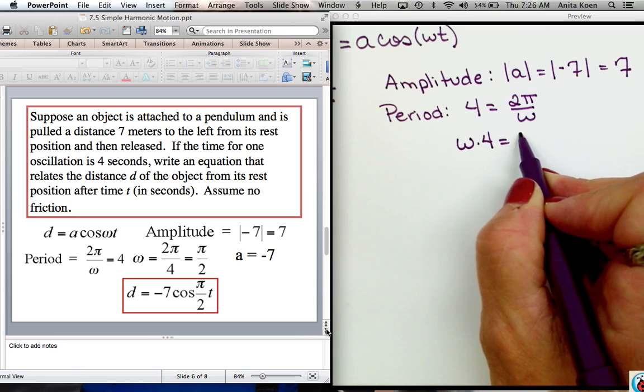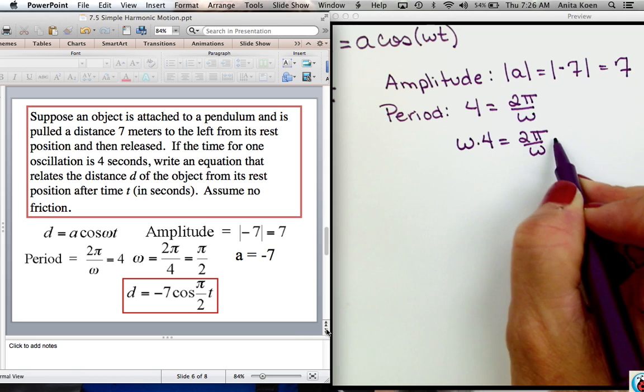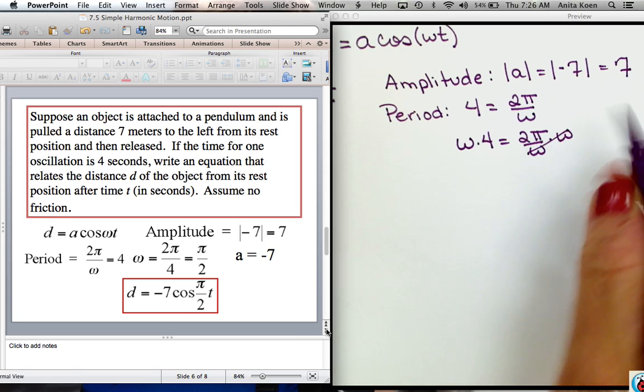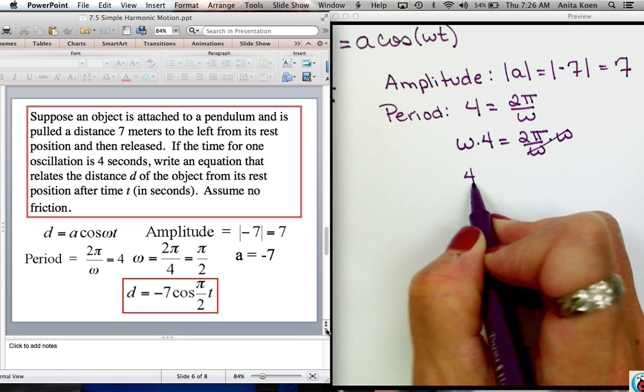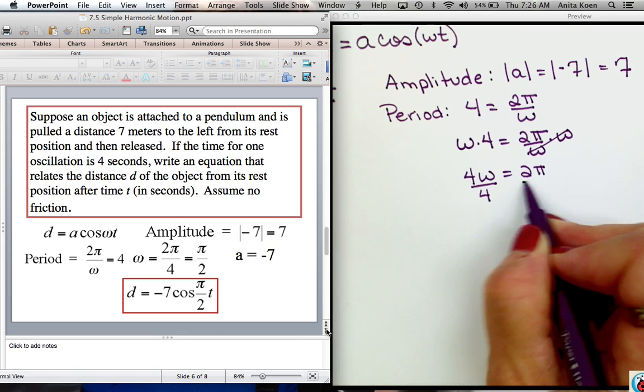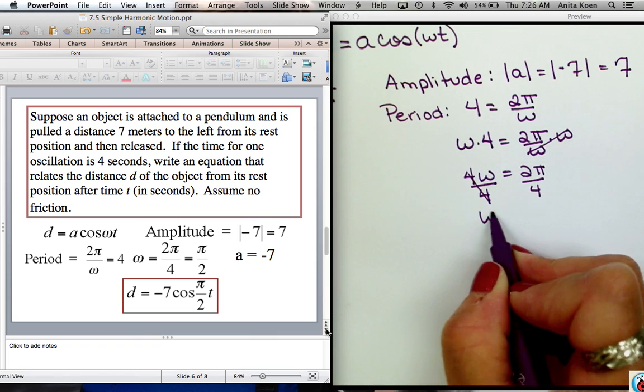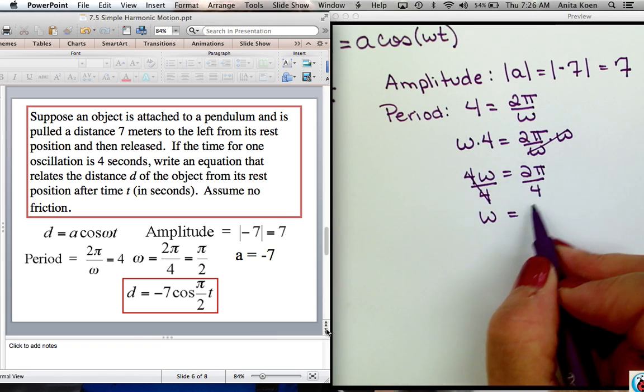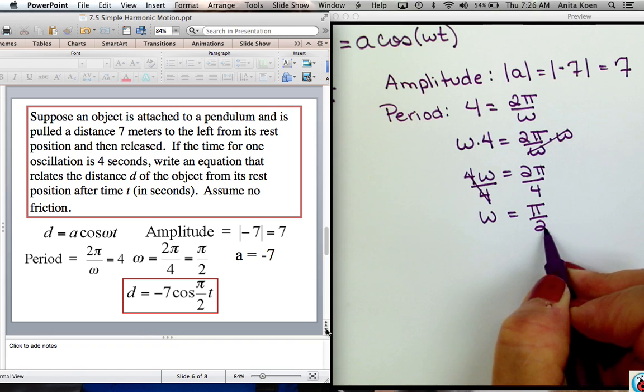So I'm going to multiply both sides of this equation by omega so that these omegas cancel, and I get 4 omega is equal to 2 pi. Divide by 4 to solve for omega, and omega is equal to 2 pi over 4, which will simplify to pi over 2.